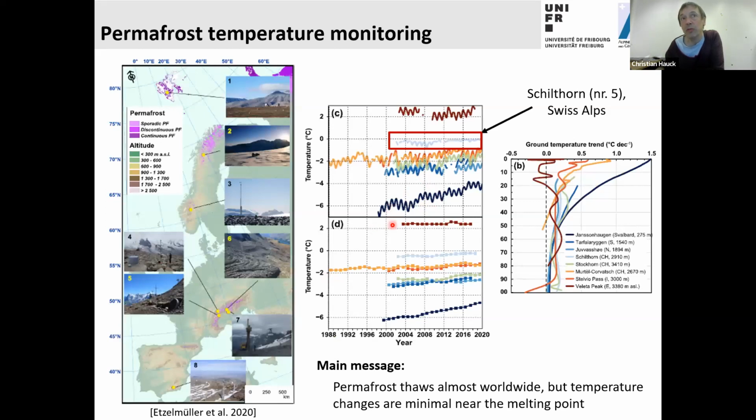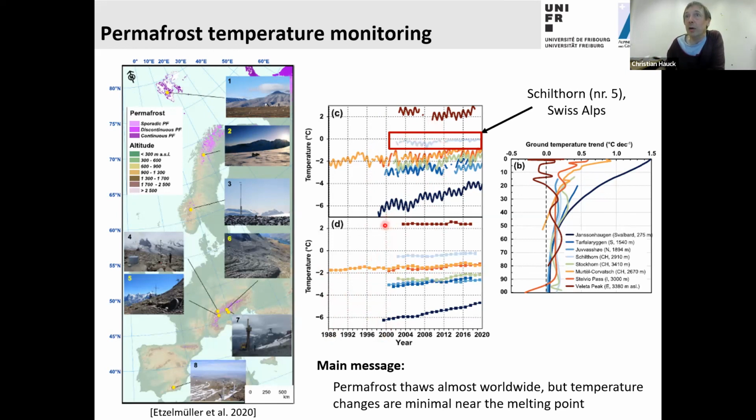Almost all of those temperature measurements are still in place. The start was here in 1998. There was one borehole in the Alps which is older than that, but only one. Everything else is younger. So the longest temperature time series are usually around 20 years.